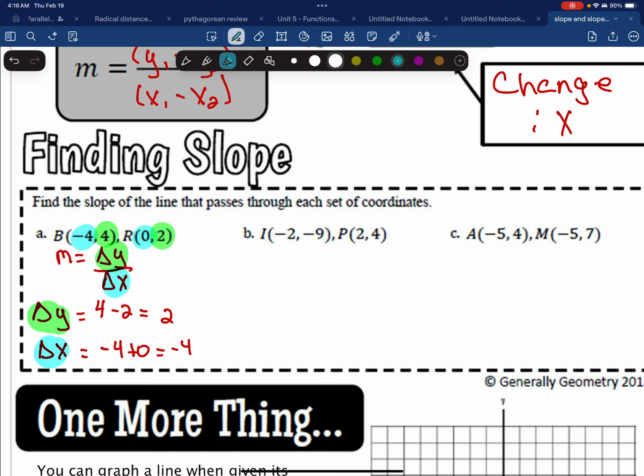So it equals 2 over negative 4. Yes, we must simplify, so we're going to get negative 1/2. I want you to do B and C on your own.